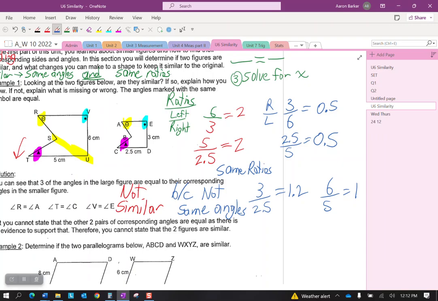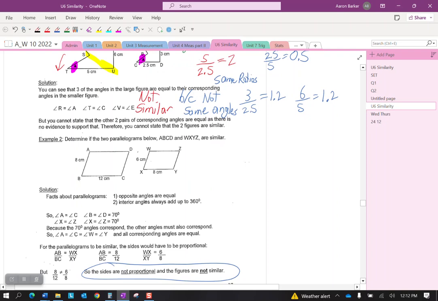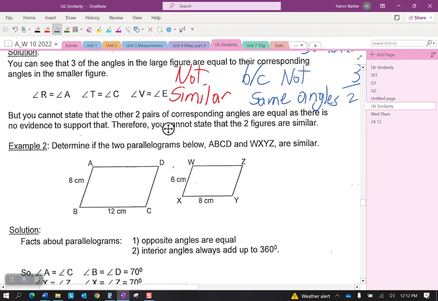Okay. Looking at the next shape then. Okay. So we got the same ratios, but they're not similar to the same angles. Now, we're going to see if these two shapes are similar. Because they're parallelograms, these angles here would be the same as these angles here.